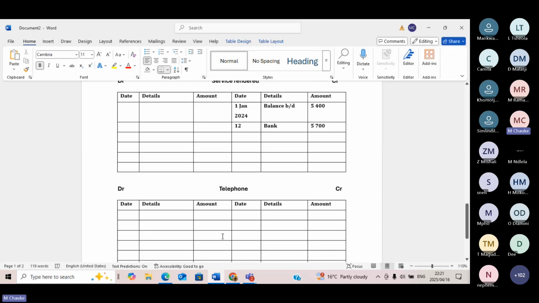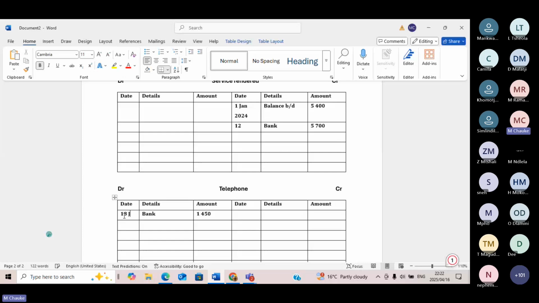Telephone is an expense account, right? So you debit, or you can just apply the double entry system. You're going to say bank there because you made a payment for this telephone, and then the amount 1,450, and the date it happened on the 18th of January. We are fine right there.